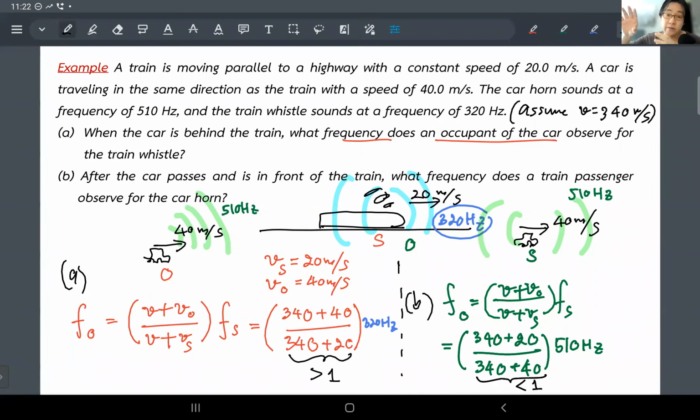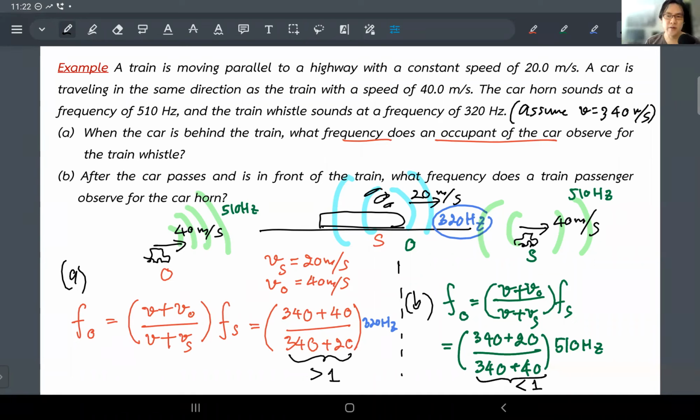So that's why the car is running away. So the frequency is dropped when the car is moving away from you. And that's it. It's done.